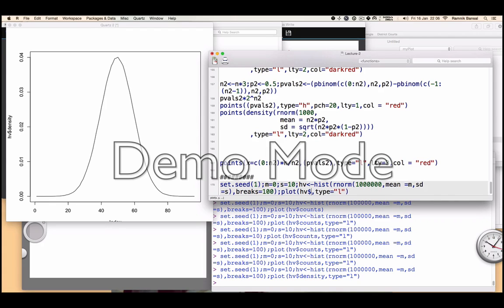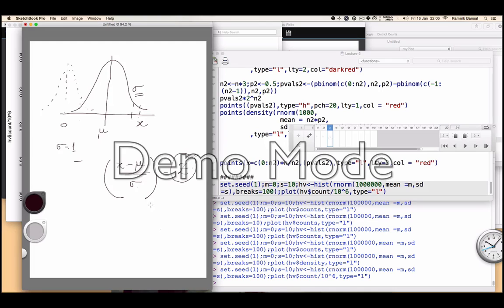So if I say count divided by the total number, which is in our case 10 raised to 6, we get the same curve. So absolutely the same curve that we got with density is what we're getting now, right? So that's it. This is the key thing about a normal distribution. So now, what does the normal distribution tell us? Now let us try to understand that.